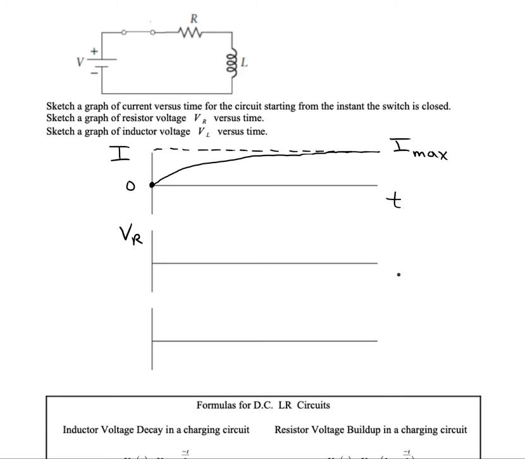Now the resistor voltage will actually just follow current based on the same principles that we had seen before. So that as well is going to build up to a maximum. The maximum that it builds up to will be the voltage of the battery.